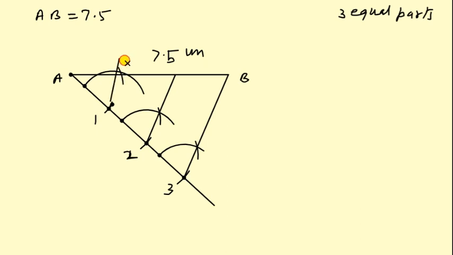Now first of all, draw a line segment that is 7.5 centimeter. You can see here the line segment that is 7.5 centimeter, this one. Now the scale is turned and bent like this.